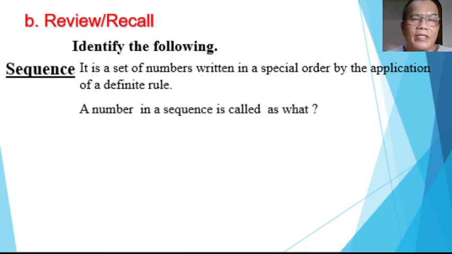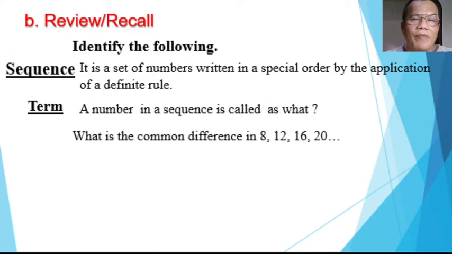A number in a sequence is called what? That is a term. What is the common difference in 8, 12, 16, 20, and so on? The common difference is 4.